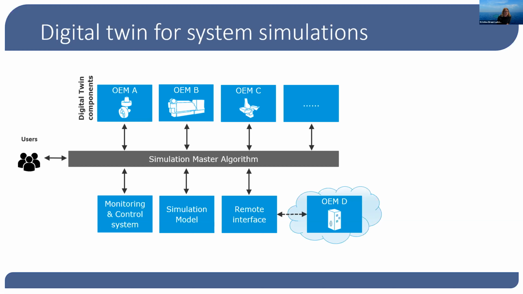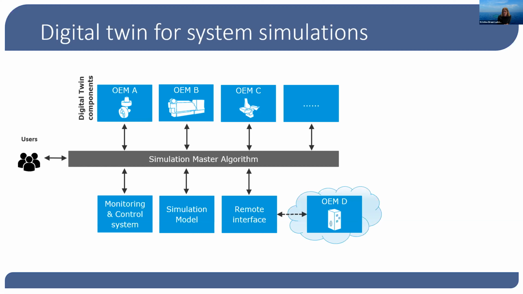Above the gray line here, you see the different equipment represented by digital twin components that we saw earlier. But we can also imagine that you can connect the control systems directly to the simulation, or that it could be simulation models not containing control system, for instance, pure hull models or environmental loads.